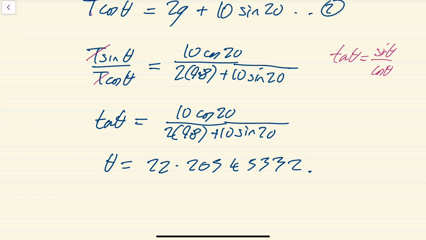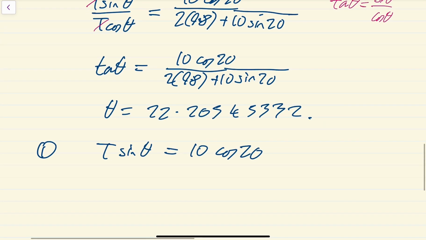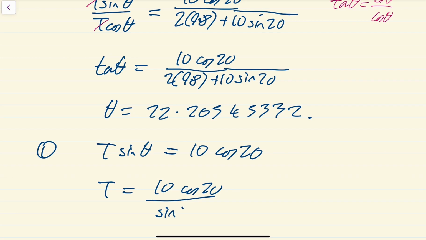So we're just going to say then that from equation 1, T sine theta is equal to 10 cos 20, which means T is equal to 10 cos 20 divided by sine of that 22.205, that whole thing earlier on. So just use the answer button.